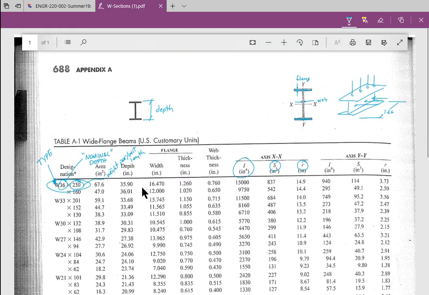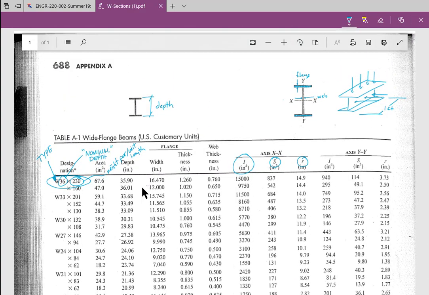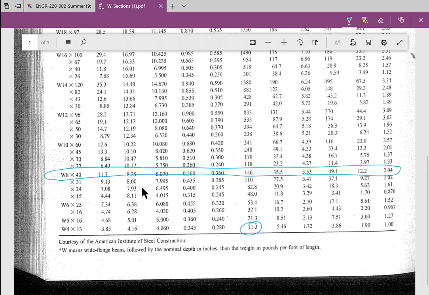Now, I said that the nominal depth was listed in the name. The actual depth is the one that you need to use when you're calculating Y or something like that. So we need the actual depth. This W8 is 8 1/4, and its moment of inertia is 146. The units at the top of this column are inches to the 4th, and this 8 1/4 is inches.